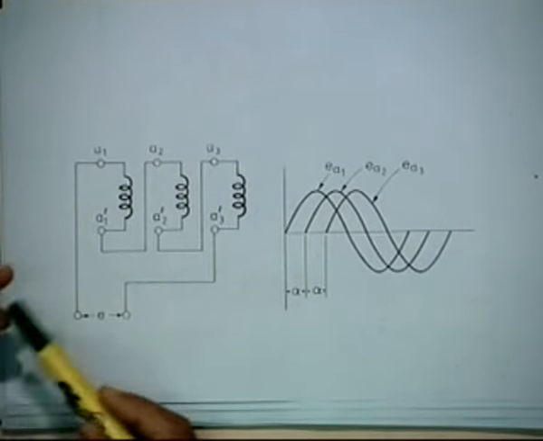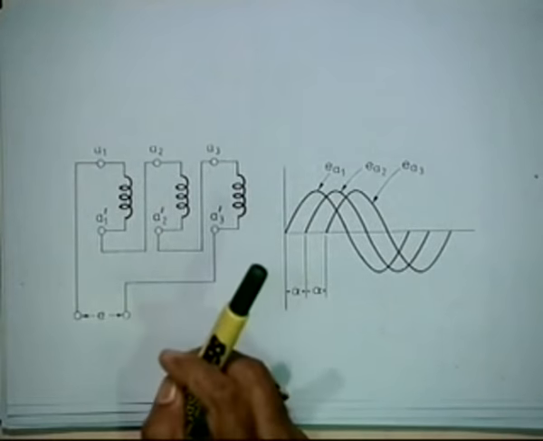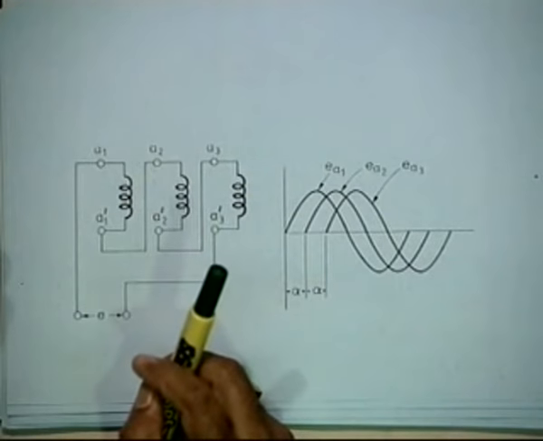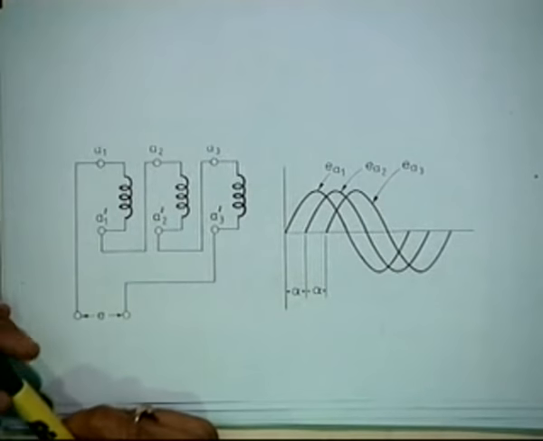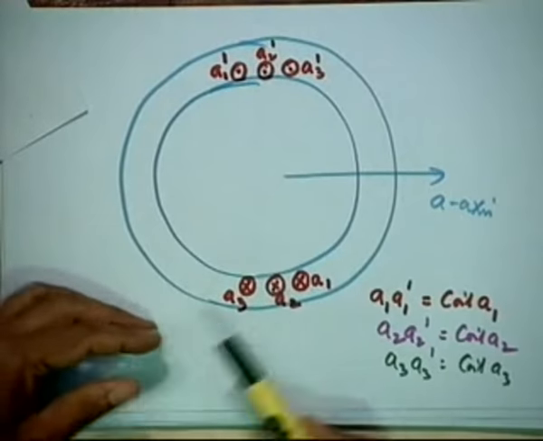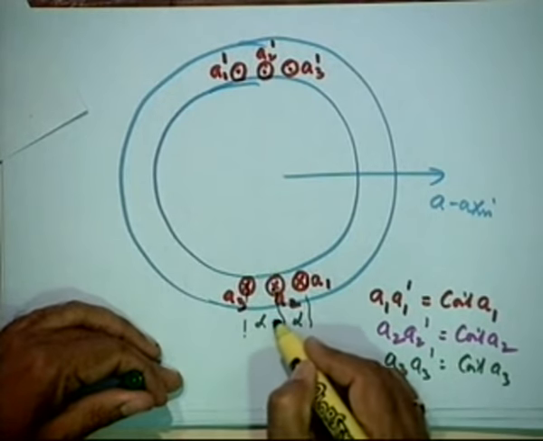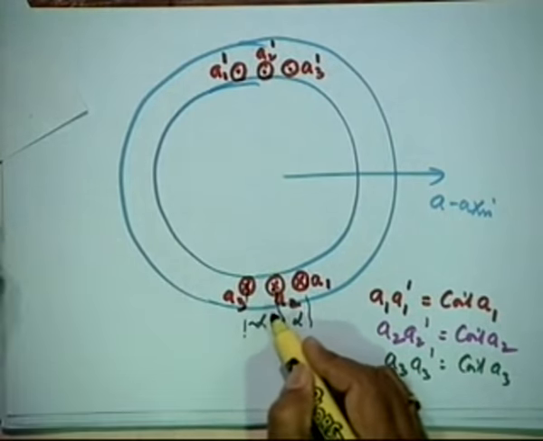Now what do you expect of these 3 voltages? Since they are displaced by some angle, and typically they are displaced by the slot angle, because they are in the next slot, the space angle between them, what is the angle between this and this, will be alpha, and this is another alpha. This is the slot angle.